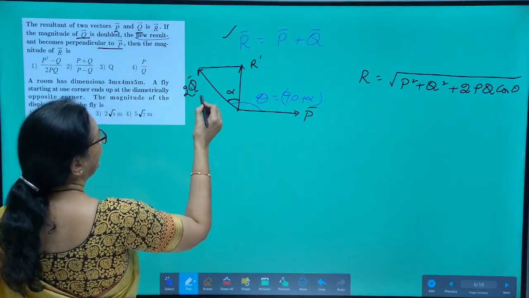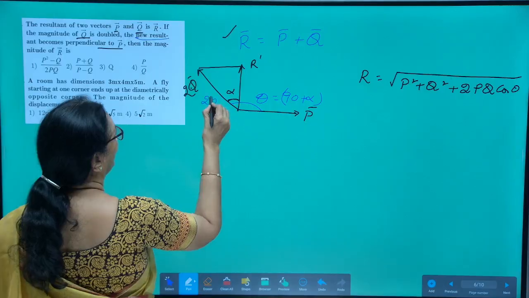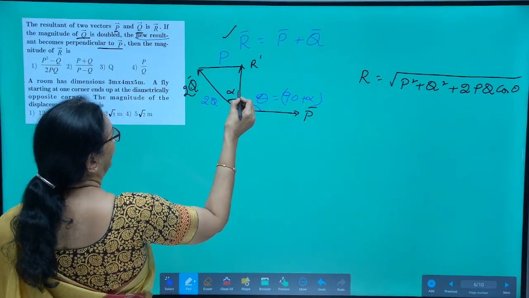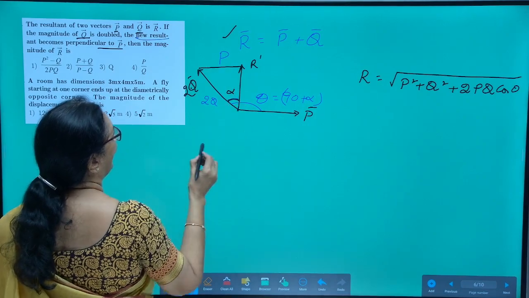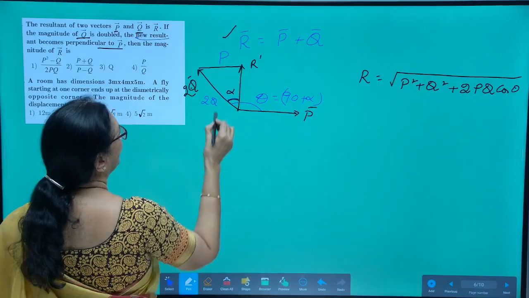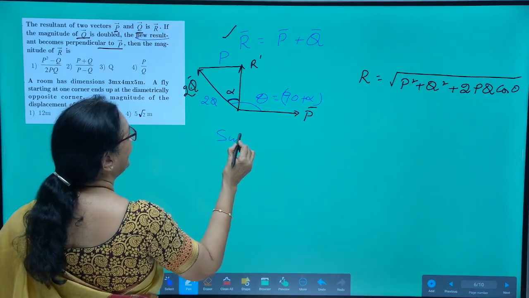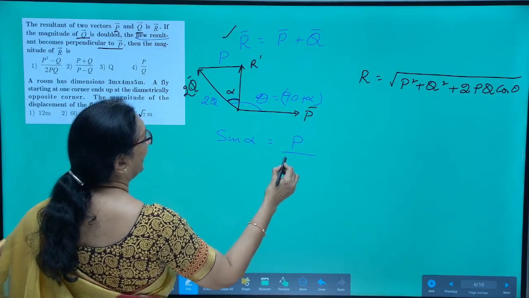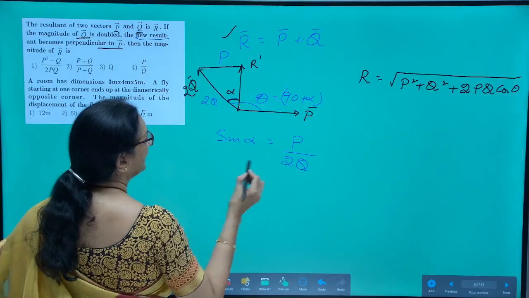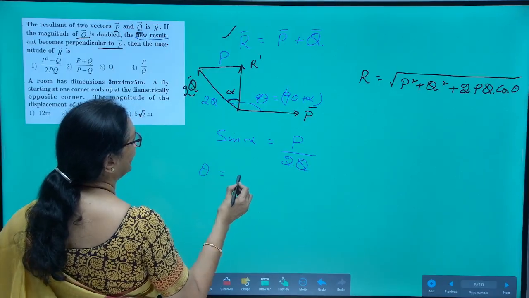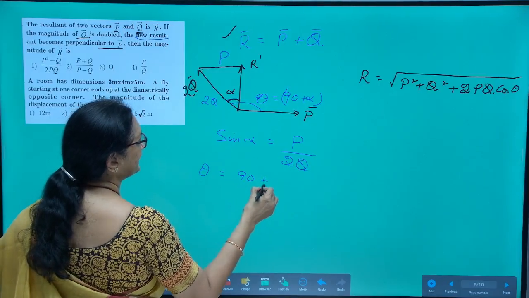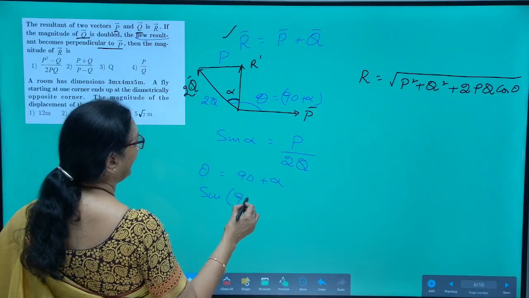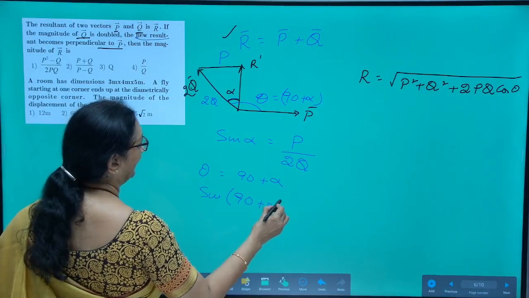See here, this length is 2q, this length is p, and this is r, with angle alpha. So sin alpha is equal to opposite side by hypotenuse. Theta is equal to 90 plus alpha.